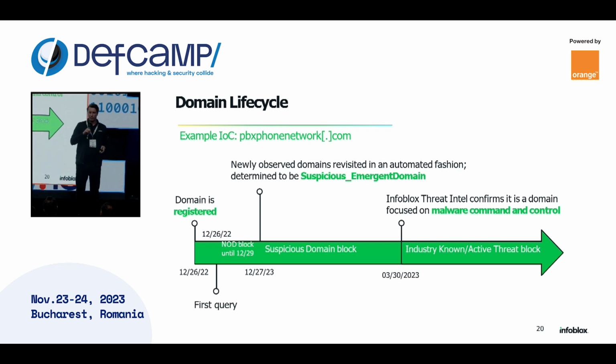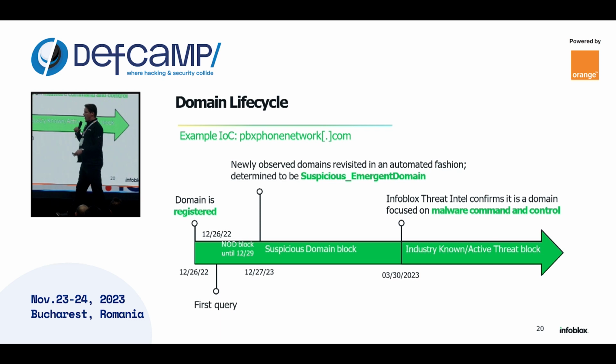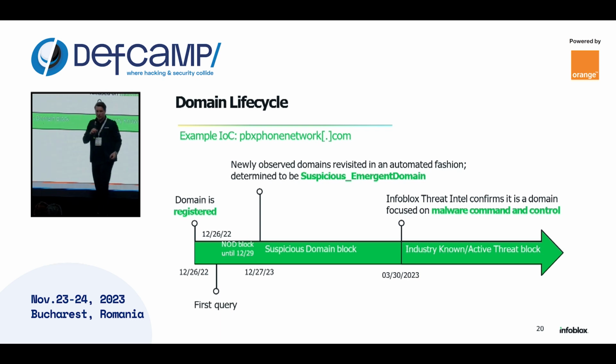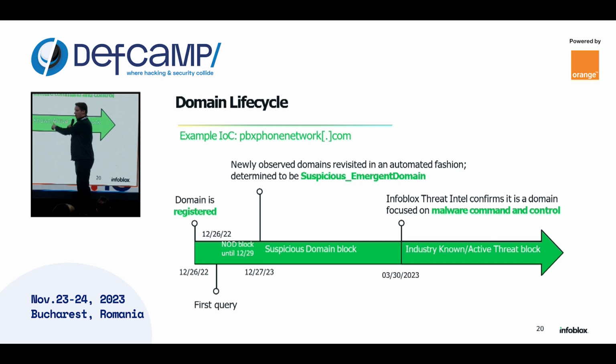Why should I talk to them? And as the picture suggested, we are providing something that can help you with this 84 days window of impact, because before you have proof that there is something malicious, you can block it.